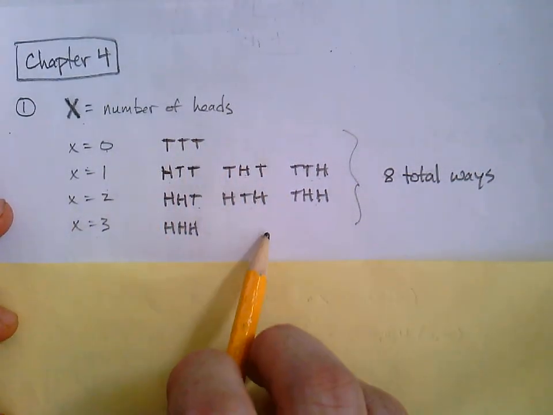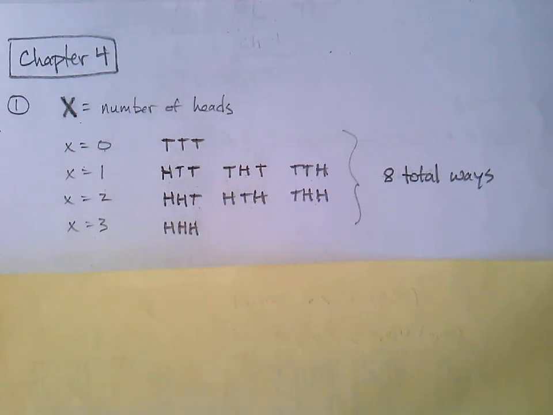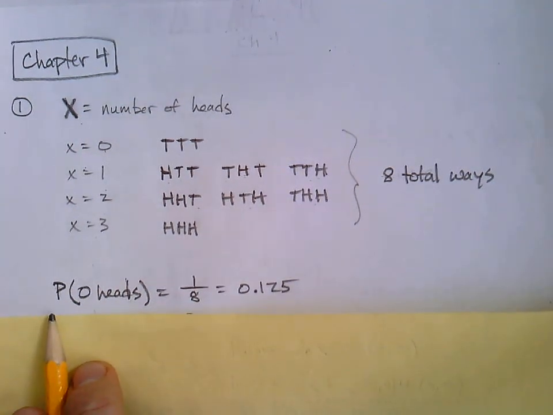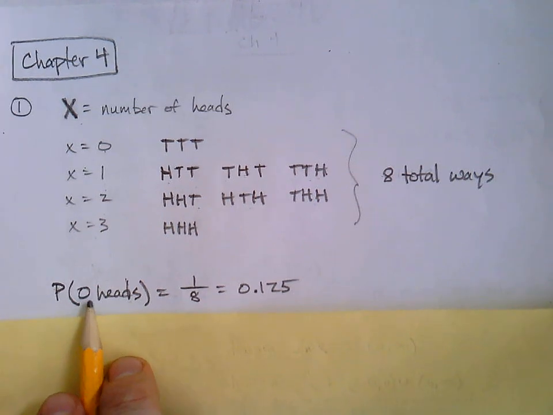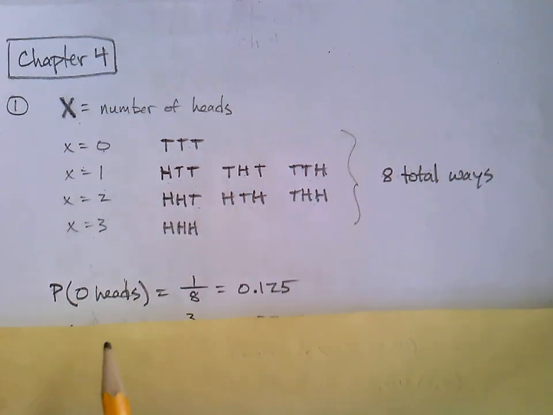Looking at the total number and looking at how many ways you can get 0, what's the probability of getting 0 heads? We like to write this out in words. The probability of 0 heads, well, there's one way that can happen out of 8. 1 out of 8, 0.125.